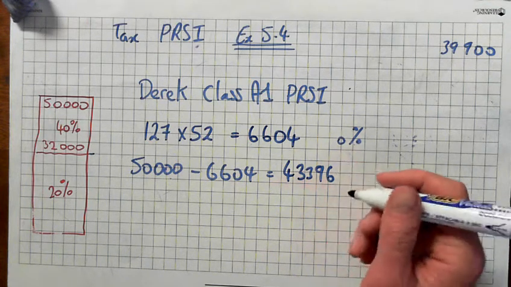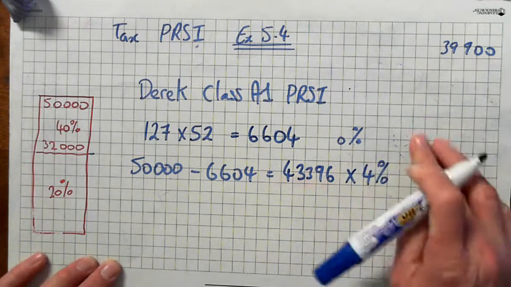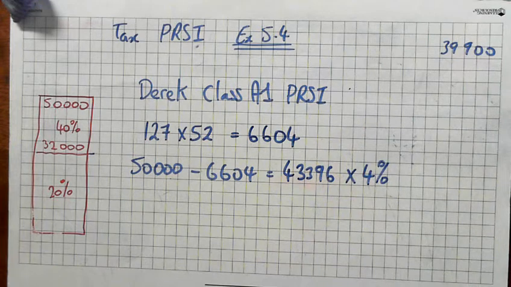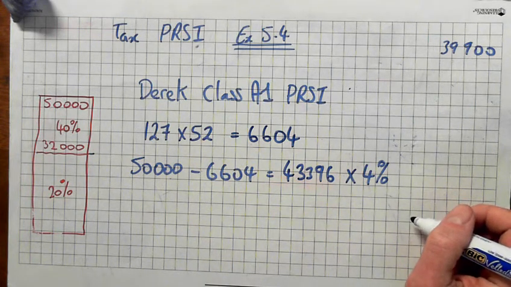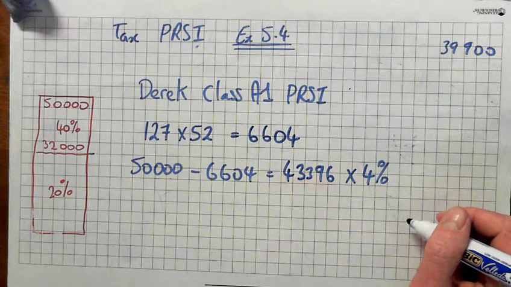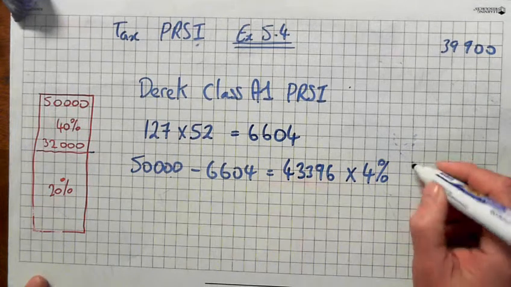See the 4? So we need to multiply this times 4% to find out how much PRSI we're going to pay. So 43,396 times 4%. Okay, so it's 1,735.84.